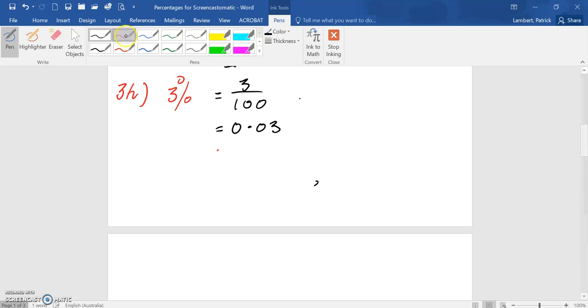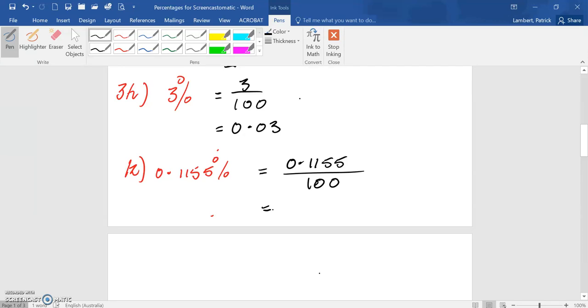Then let's have a look at 3K, where it says 0.1155%, and that's going to become 0.1155 over 100.